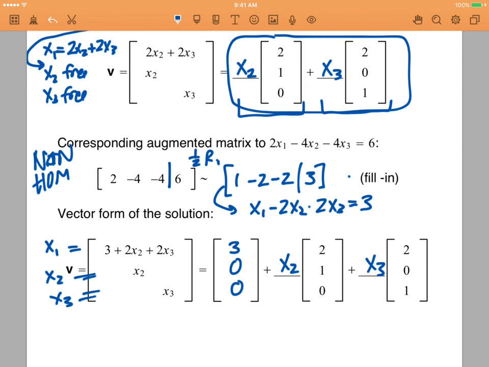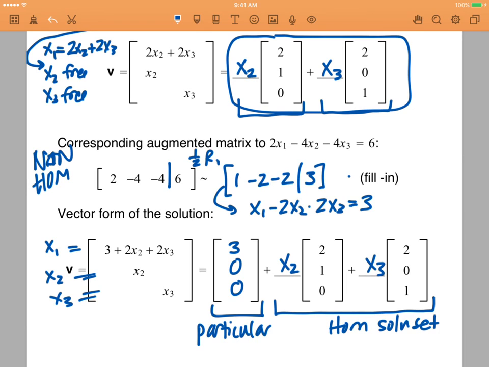So that's what makes this a non-homogeneous solution set. This is the homogeneous solution set. And this, once again, is the particular solution P. And the homogeneous solution set they were calling above V sub H. So both vectors.